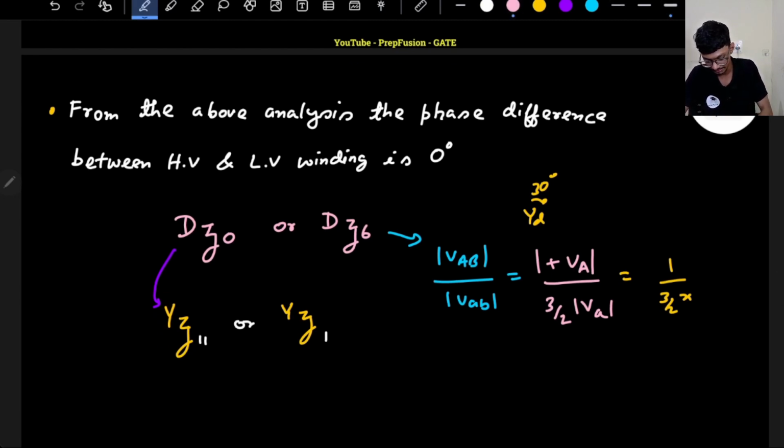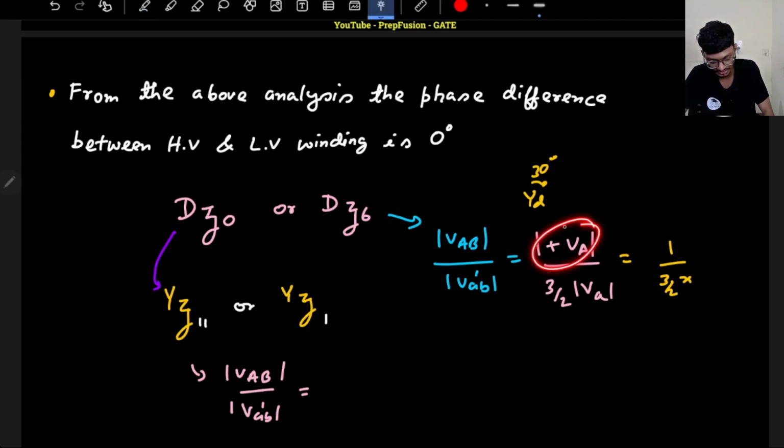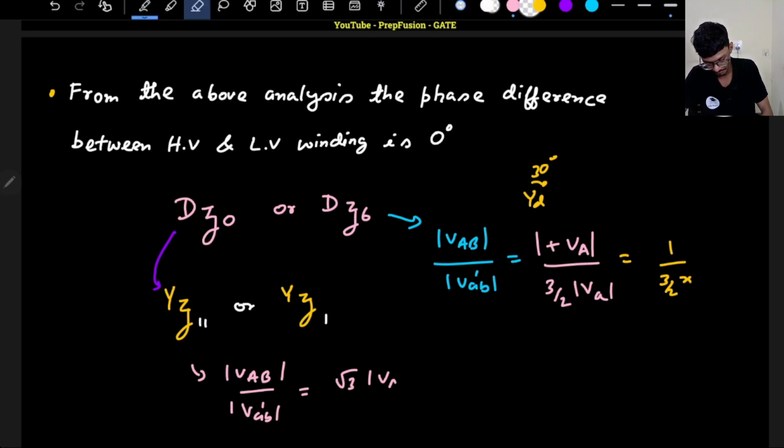So here, again, it is magnitude of VAB divided by magnitude of VAB dash. So what is magnitude of VAB? It will not be plus V anymore, it will be root 3 into VA, because line voltage will be root 3 times the phase voltage.